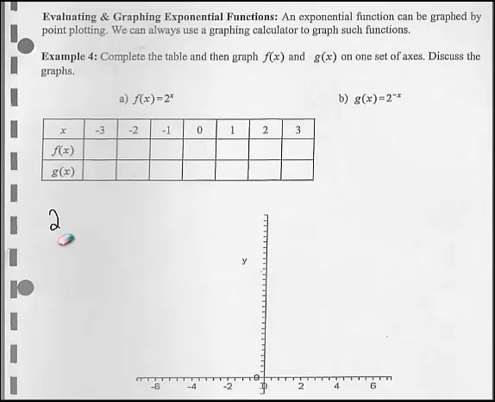So let's write f, we have f of x. We're going to do one at a time, so I want to fill out this first row in my table, and my first x value is -3, so I'll have to do each of these separately. F of -3 is 2 to the -3rd power.